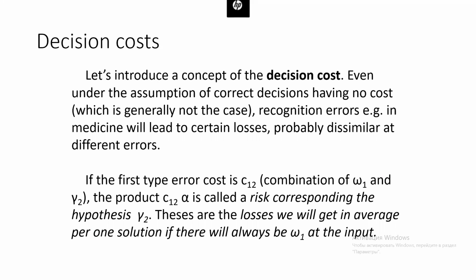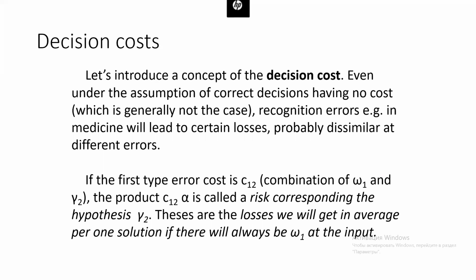So sometimes it is more important for us to detect some disease, and when we miss our target, for example a patient with cancer, cancer is really meaningful to detect, we will have a high cost of error.